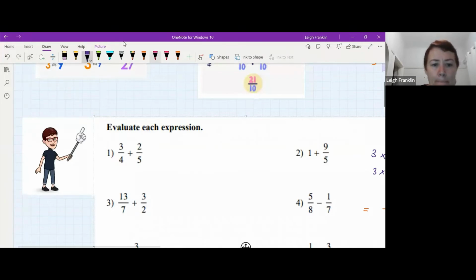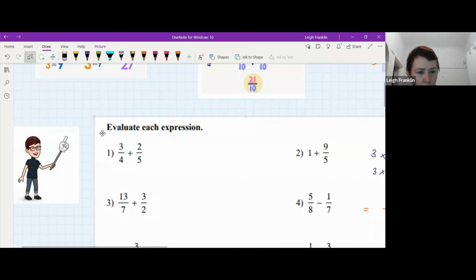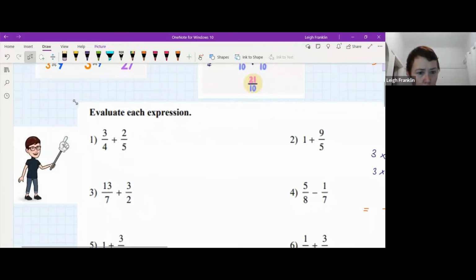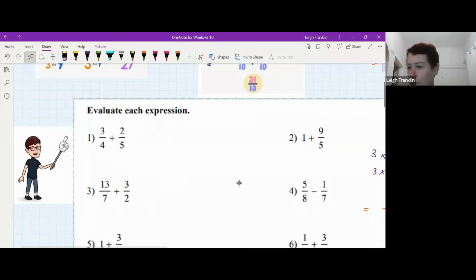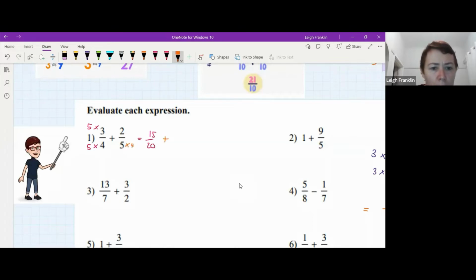Yes, ma'am. So what I did was 4 times 5. So what you do at the bottom, you do at the top. So 3 times 5, 4 times 5, which equals 15 over 20, plus 2 times 4 and 5 times 4, which equals 8 over 20.